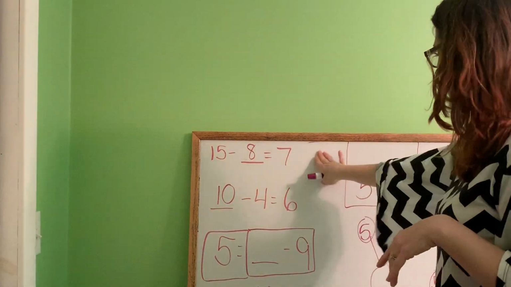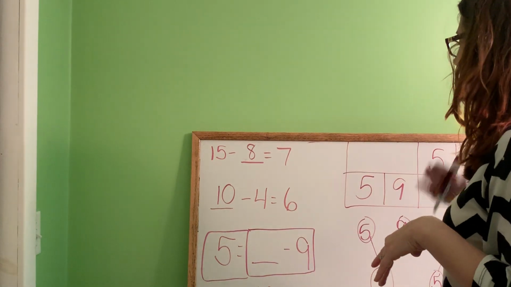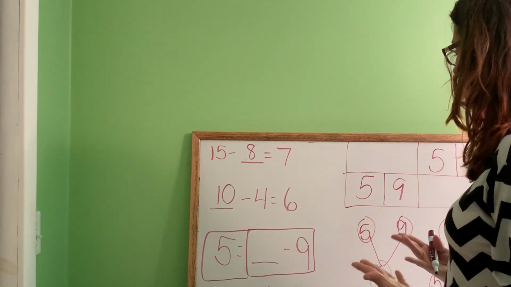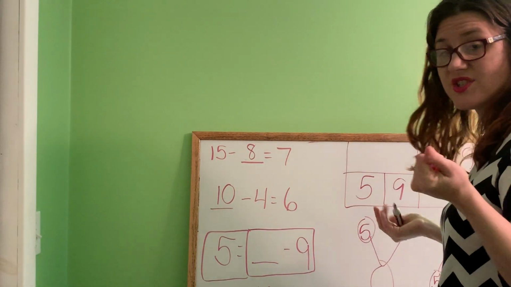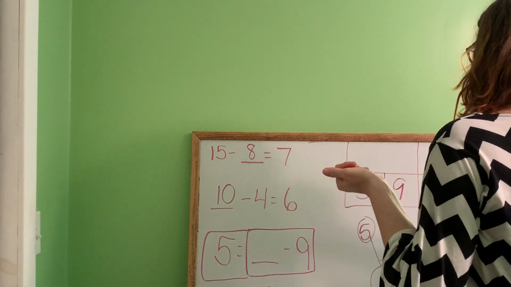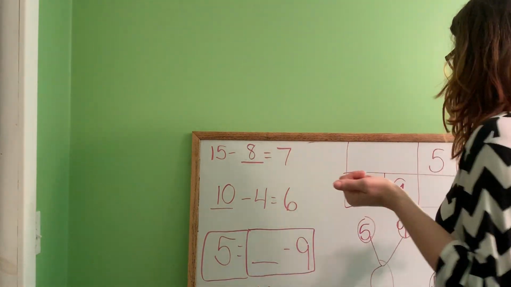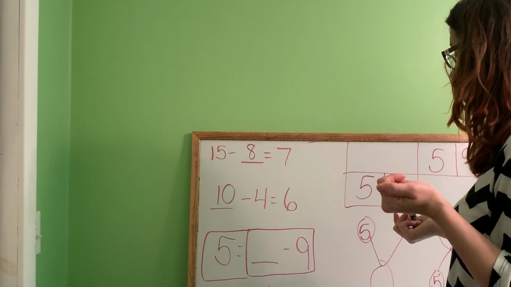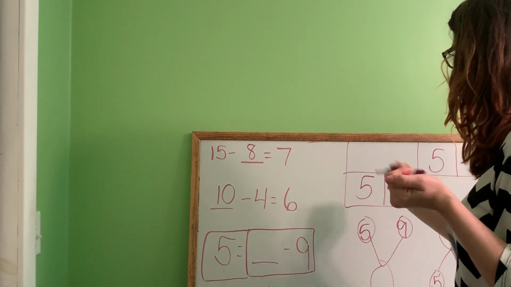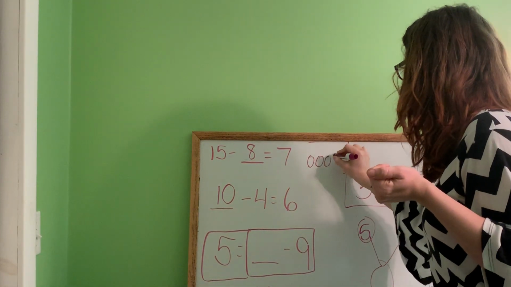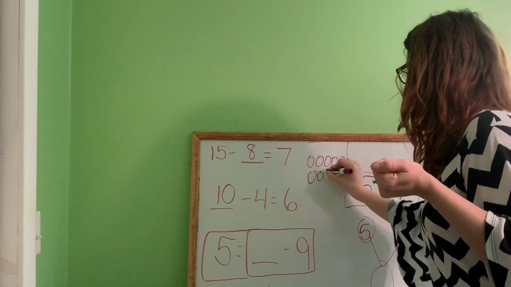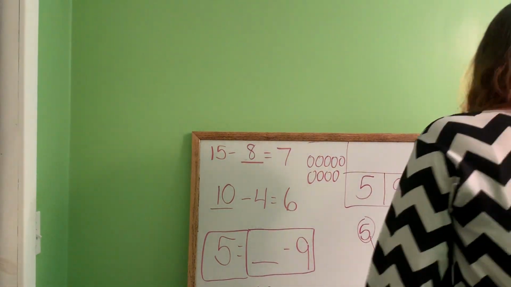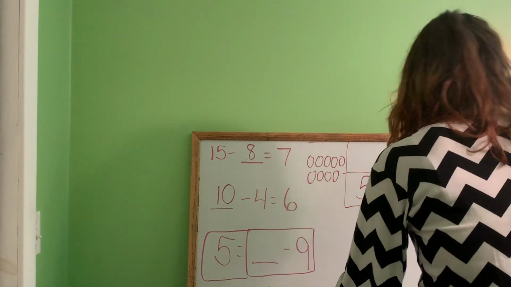So again, they can then use the number chart, they can use a number line, they can make a model, they may just know the facts. They may make a 10 on this problem. Maybe they will use their 10 frame and fill it in. So if they're using a 10 frame on this, they're going to show 9. I'm going to do this in a different color.